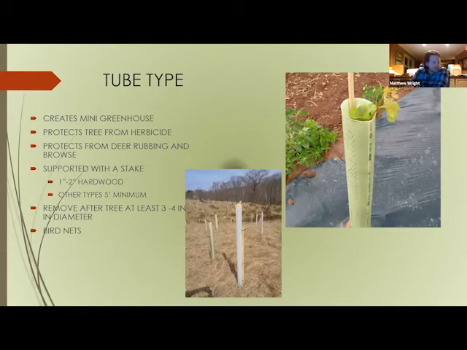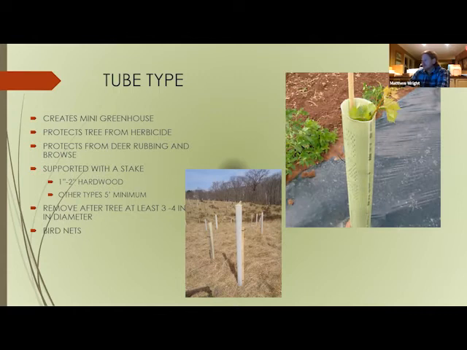So for tree shelters, you have the tube type, which is what I recommend. There's a ton of different suppliers. Basically you're just going to have to work out the budget or your job, of who you go with to get the tube. And most of them all kind of function the same.